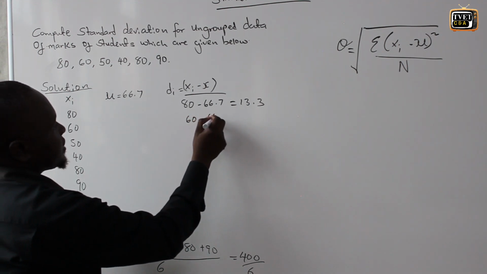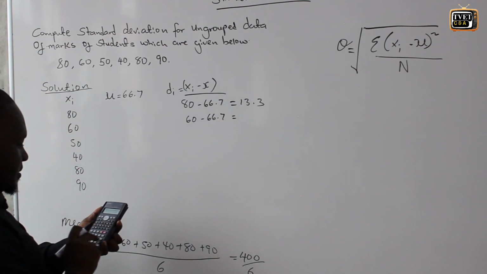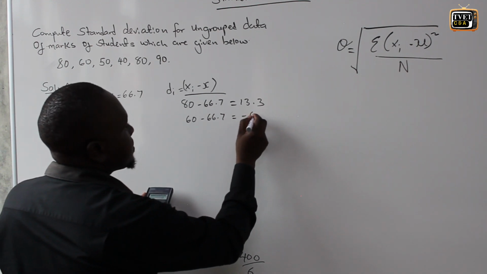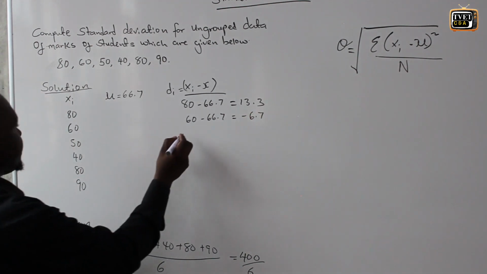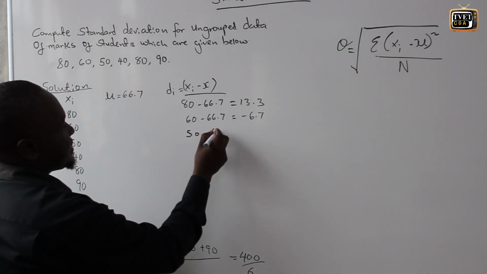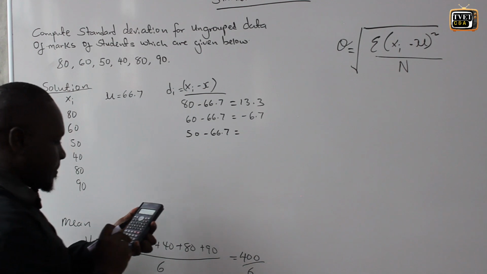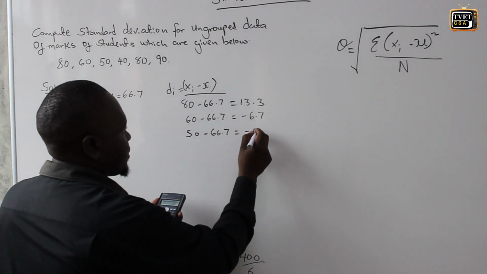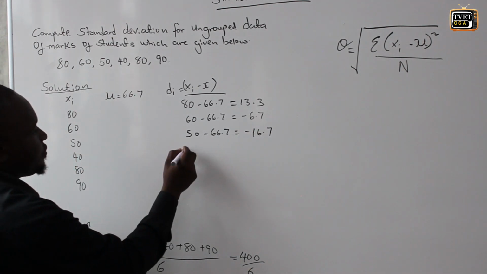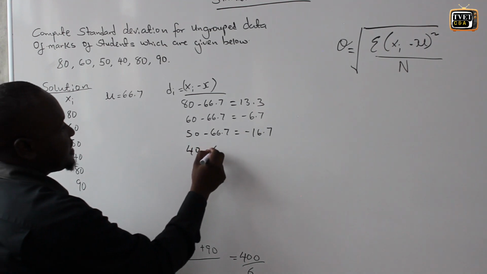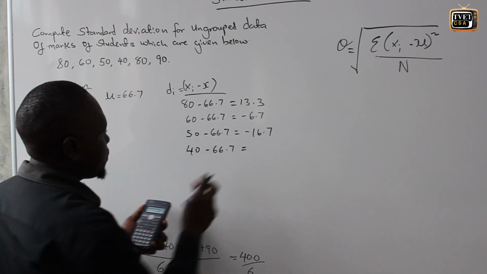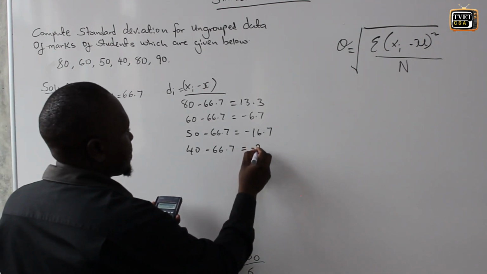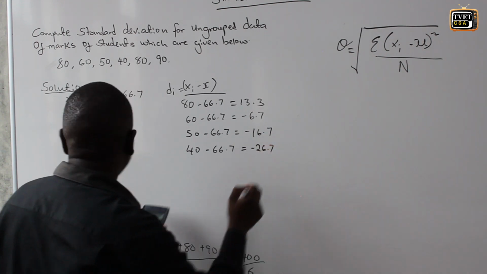Then 60 minus 66.7, your answer will be negative 6.7. Then 50 minus 66.7 is negative 16.7. Then 40 minus 66.7 gives negative 26.7.